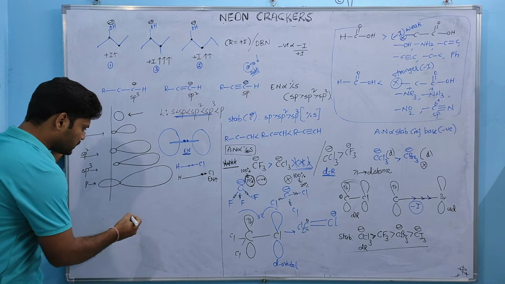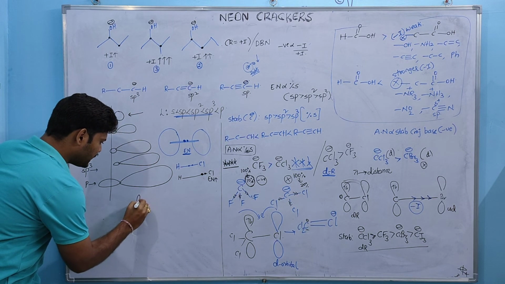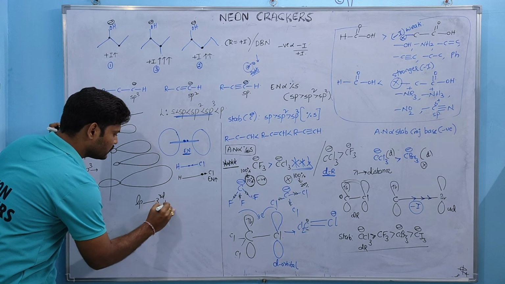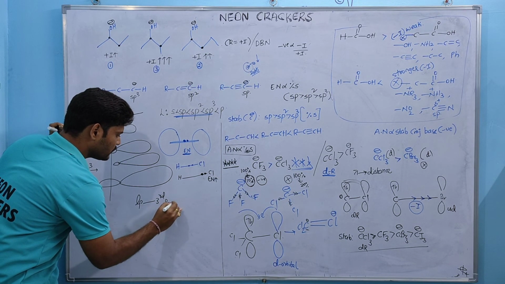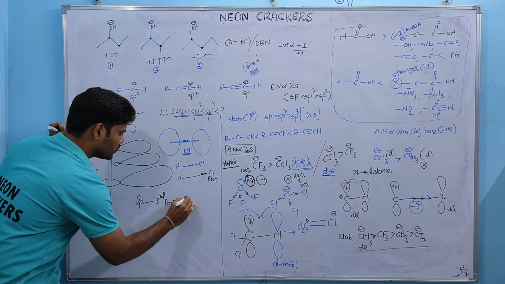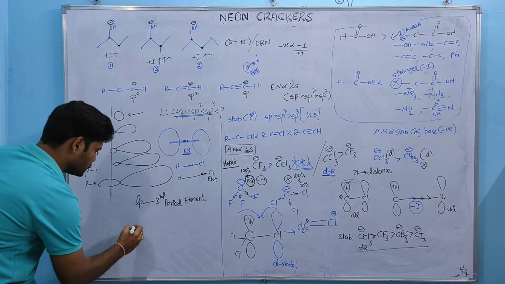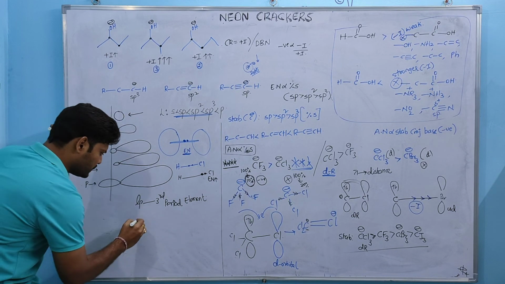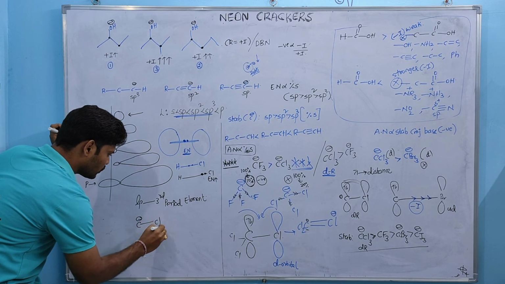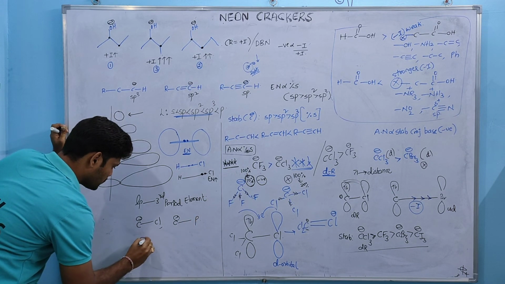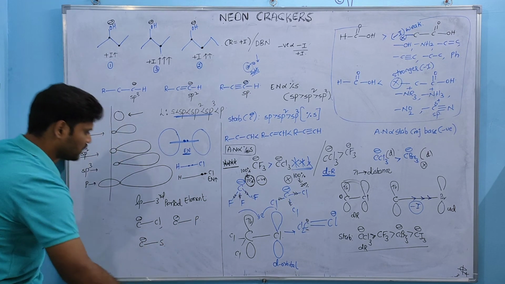One more shortcut I will tell you. d resonance: a lone pair with a third period element, which means any lone pair, carbanion with chlorine, carbanion with phosphorus, carbanion with sulfur.